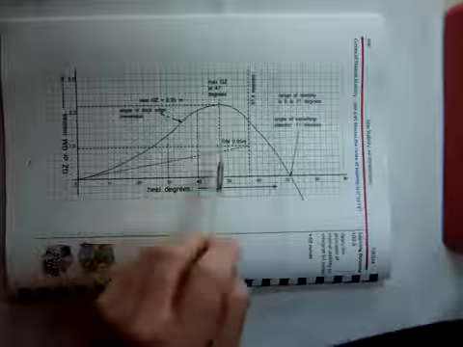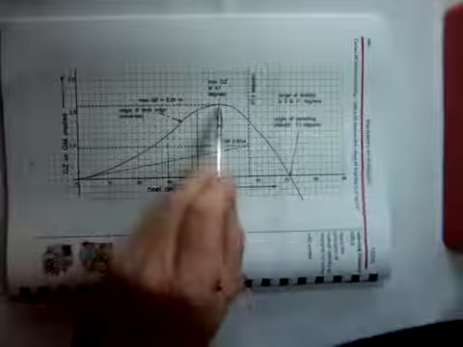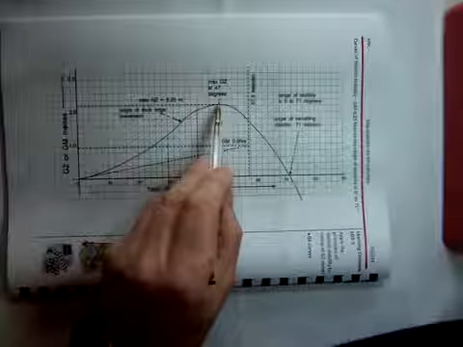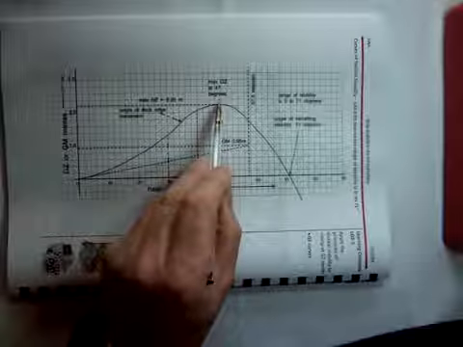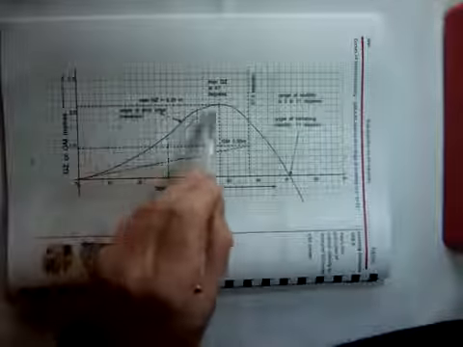So on this particular curve at 47 degrees, that's the peak of the curve. So we can say that our maximum GZ at 47 degrees, and we go across to the left, is 2.25 metres.